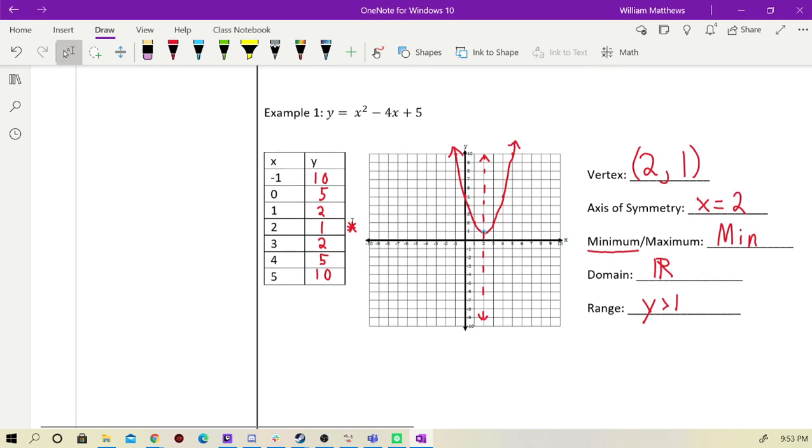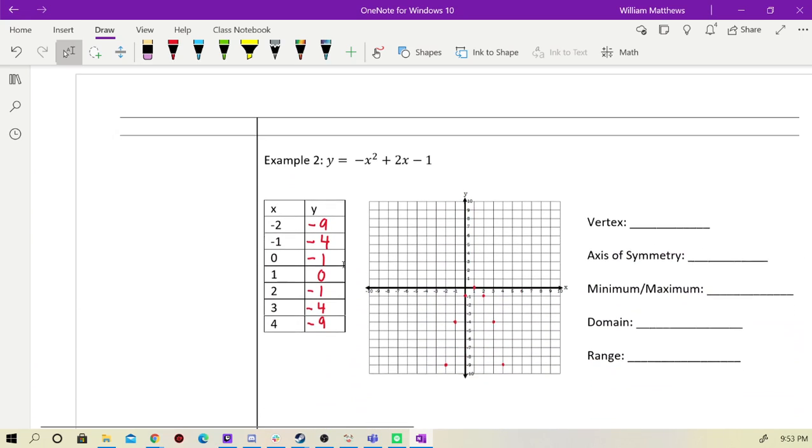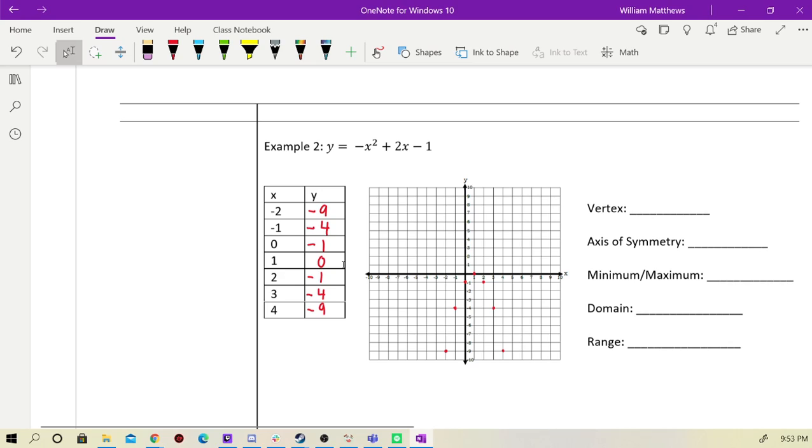Now, the next example I'll go through a little bit quicker because we do have an example. Yet again, I put in the information that you could just plug into a calculator, our TI-84s. We have videos on that as well. But we get -2, -9, -1, -4, 0, 1, 1, 0, 2, -1, 3, -4, and 4, -9 as our values, our locations.